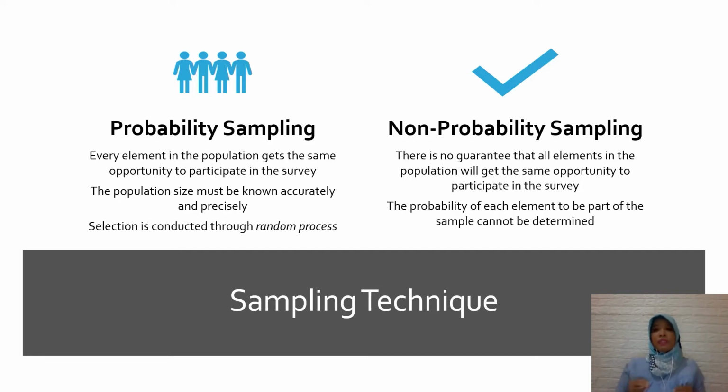In non-probability sampling, there's no guarantee that every single individual in the population will get the same opportunity to participate in the survey, which means that the probability of each individual in the population to be part of the sample cannot be determined. So because there's no guarantee, we don't do random sampling or random selection here.